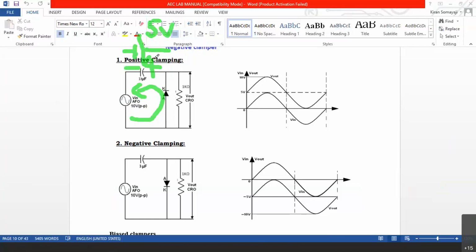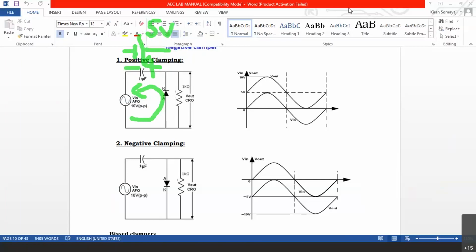But when AC and DC are in parallel, they will not get added up; only the DC voltage will be available there. That is because DC is stable, DC is strong, DC will never change its value. So the effect of AC will not be there when the voltage sources are in parallel. But in this case, AC and DC both are in series.